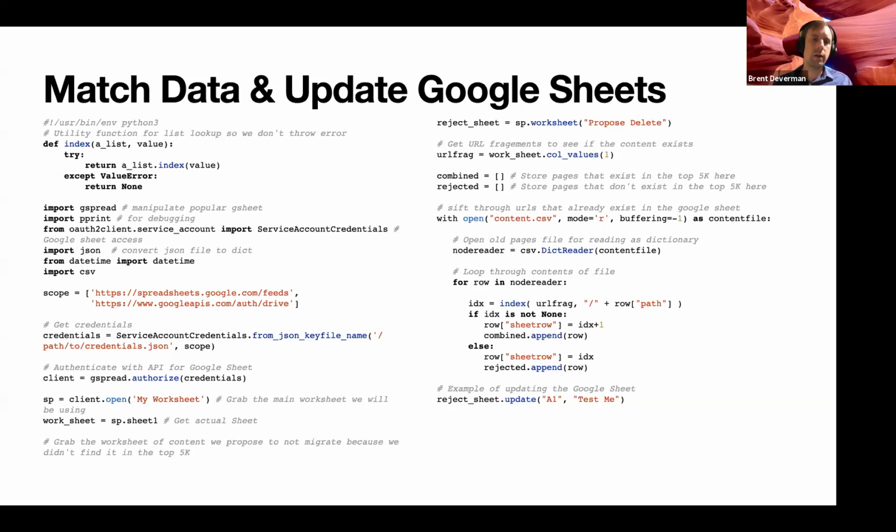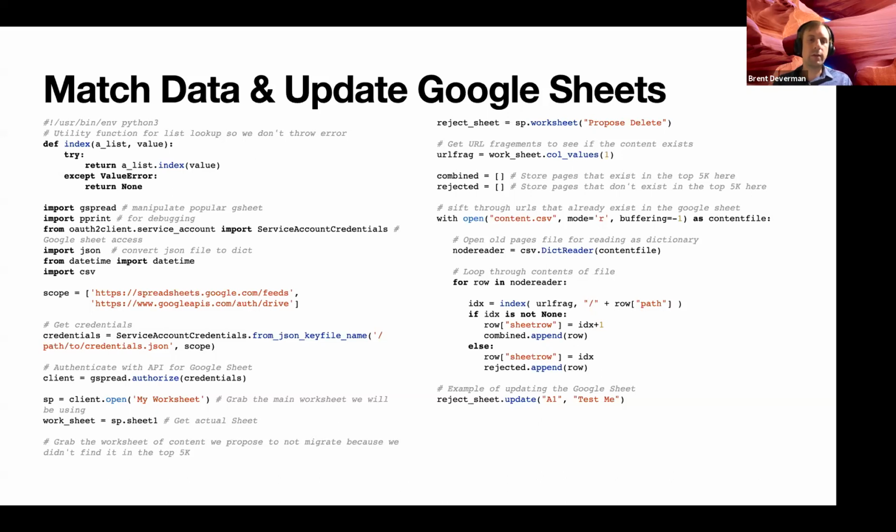You'll see there it's the spreadsheets, feeds, and Google Drive. Then, as we imported the service account credentials class, I'm going to use a function to get the key from the JSON file, so I don't have to have it in my Python script.